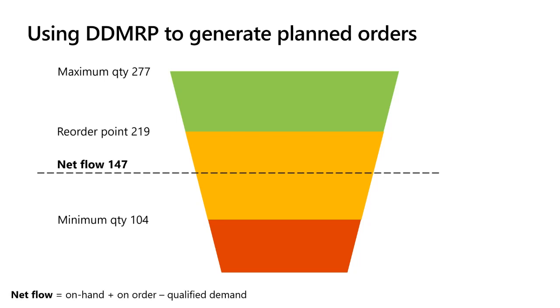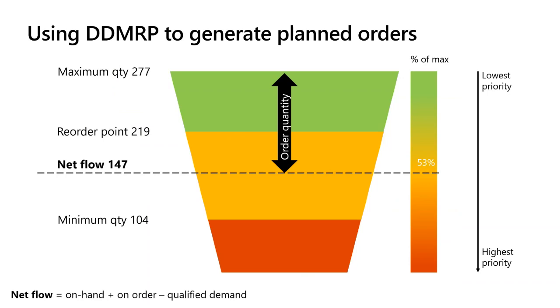But again, the trigger for a new order is when the net flow is below the reorder point on a given day. When the order is triggered, the quantity of the order, the planned order, will be the maximum inventory level minus the net flow that was calculated, as we've indicated on the graphic. We're also going to incorporate priority-based planning functionality to assign an order priority to drive our fulfillment of inventory instead of using requirement dates as we do with more of our traditional master planning coverage codes.